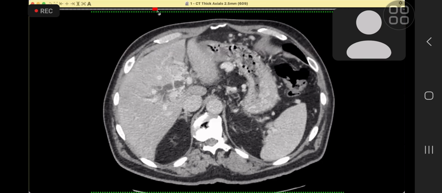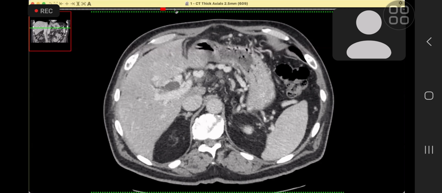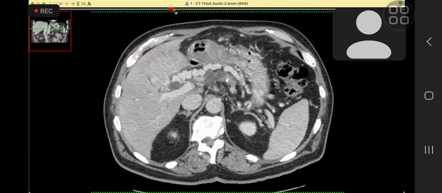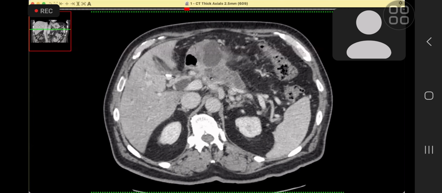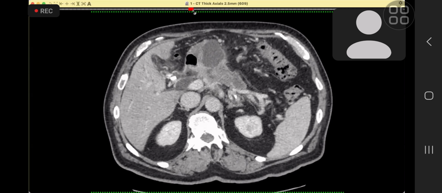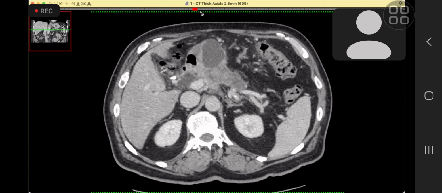So I am looking at the axial post-contrast CT scan through the abdomen. Here I can appreciate that there is a cystic abnormality in the epigastrium. Let me just scroll it.